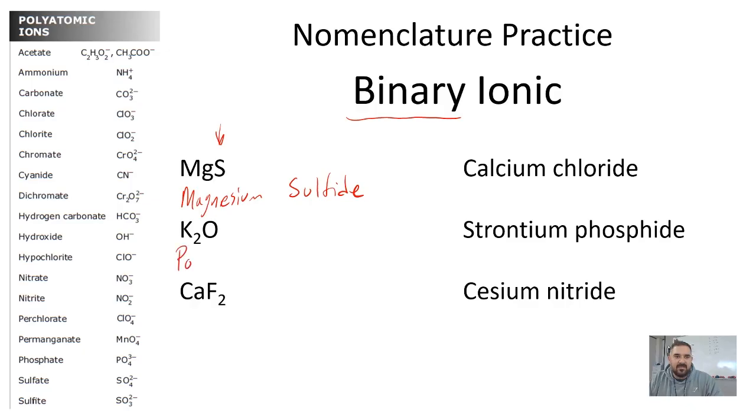Next one we have potassium. And then oxygen, that's going to be oxide. And then here we have calcium. And F is going to be fluoride. So as you can see, the numbers that we have here don't actually matter when we're going from formula to name. So let's go ahead and look at this next portion.